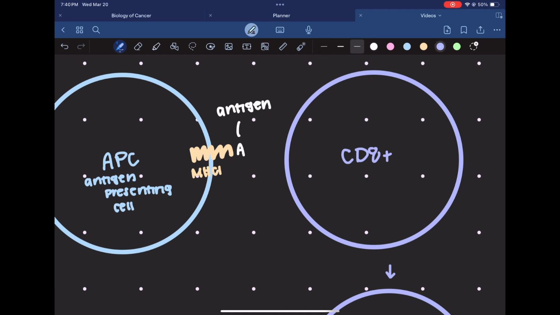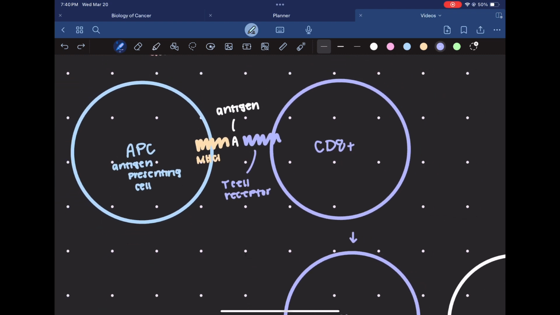My T cell will have a receptor called a T cell receptor that's going to be able to recognize that antigen and then go out and look for cells that have that same antigen present on their surface.